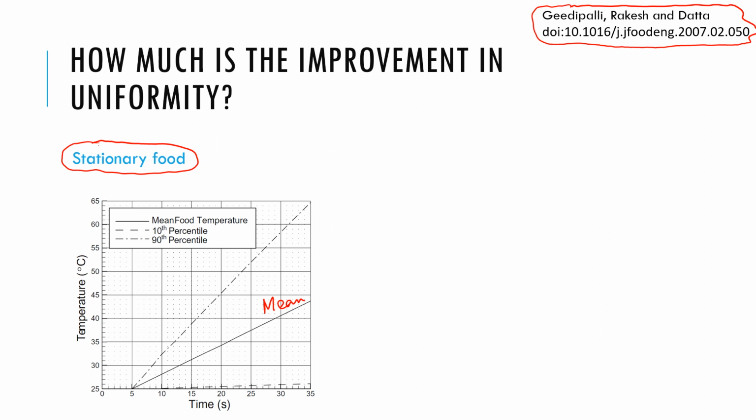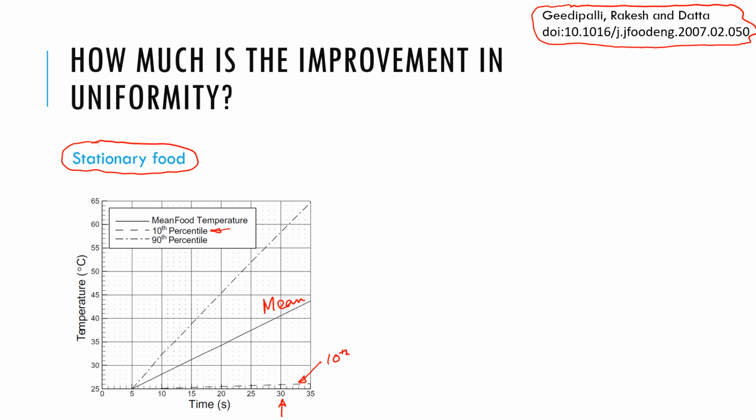So what we have is this 10th percentile temperature, that's this line. What that means is at this time, let's say 30 seconds, 10% of all the temperatures are below this value.